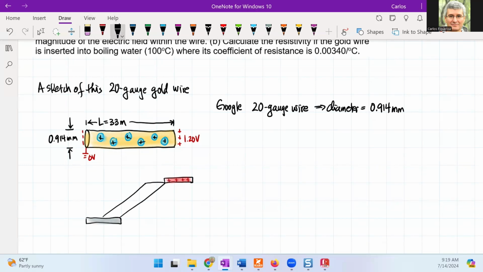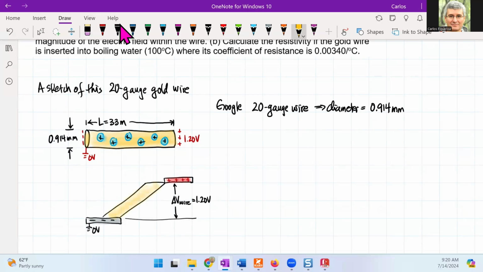Down here, I'm going to have a negative charge. And this is where we defined our 0 volts. This height right here is now my voltage of the wire, which is 1.20 volts.